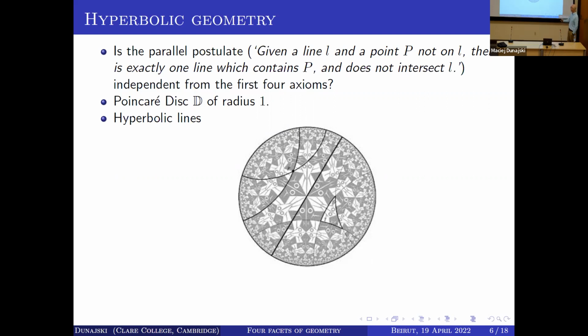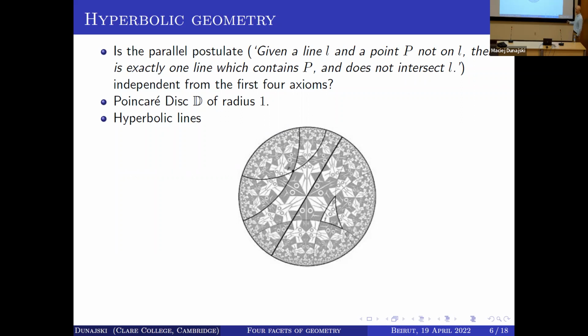I'm going to tell you what on this disk replaces the straight lines. Euclid's axioms talk about lines, which end up being straight lines in the plane. What are the lines here? To satisfy, definitely, the first two axioms, we should be able to connect any 2 points on this disk by a unique line.